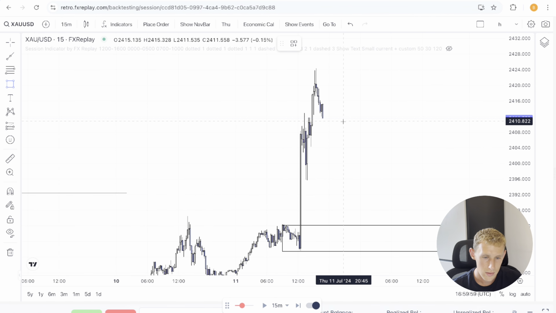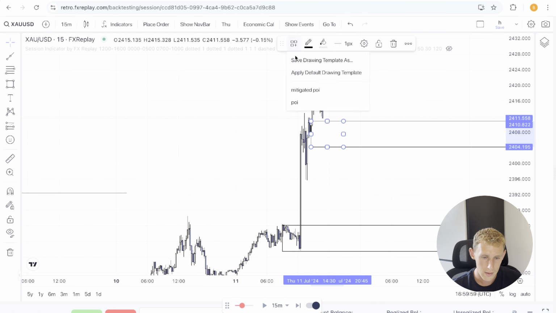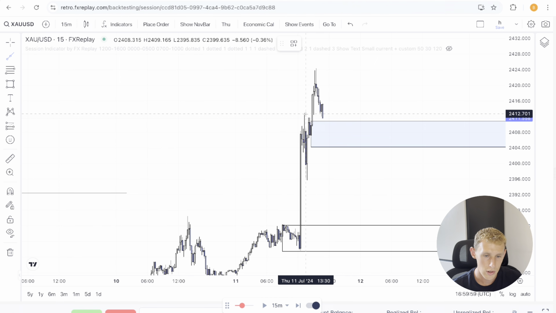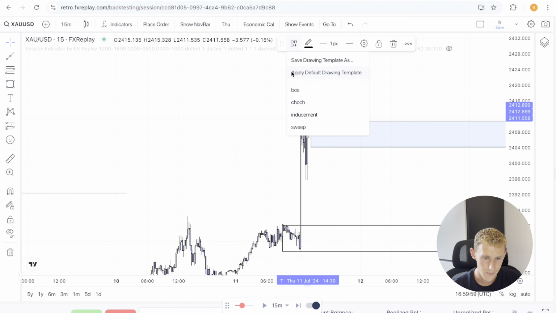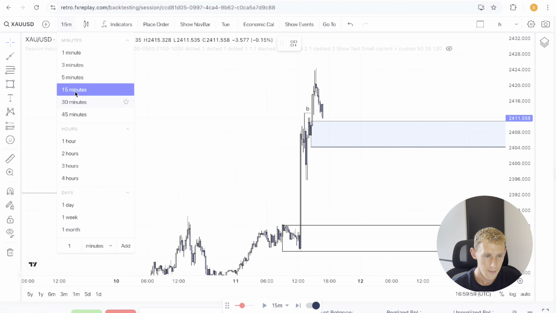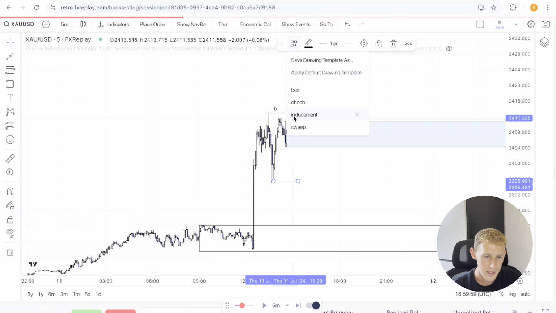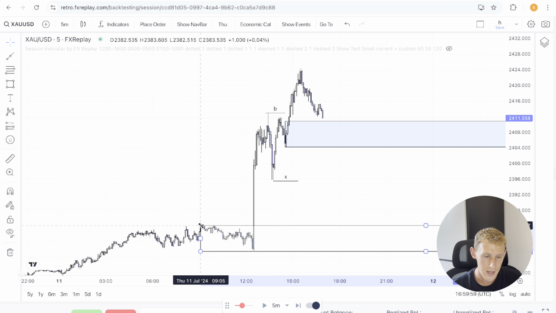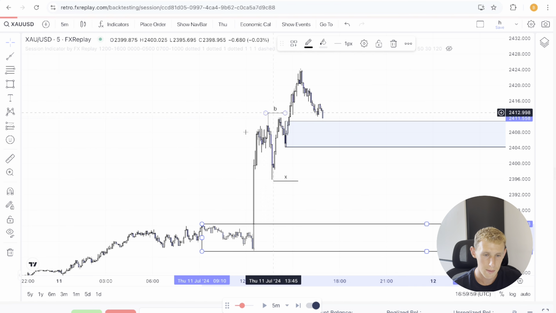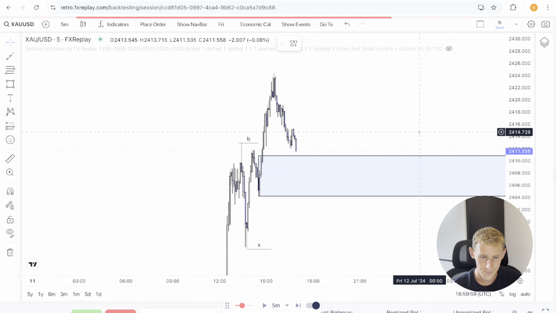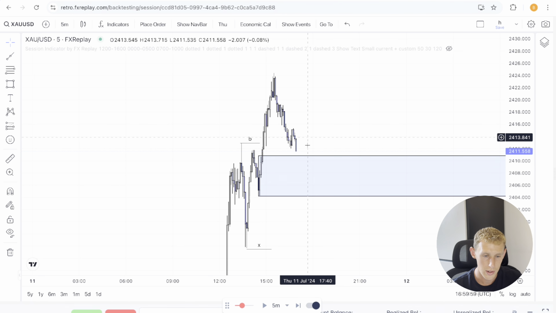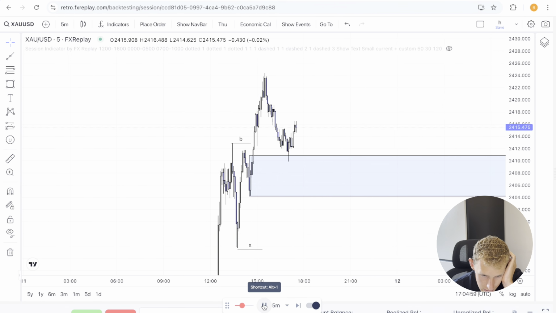Maybe this area. So you've got this area of demand right here. And you could also say that this was a breaker structure. If not, maybe we could see a sweep of this low. That would be my next point of interest. And we still, like I said, have this area of demand down here as well. So these are the 2 points of interest I'm looking at.